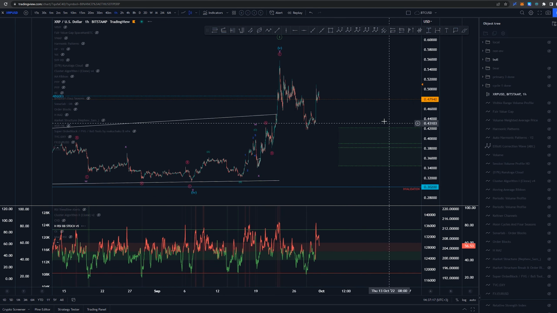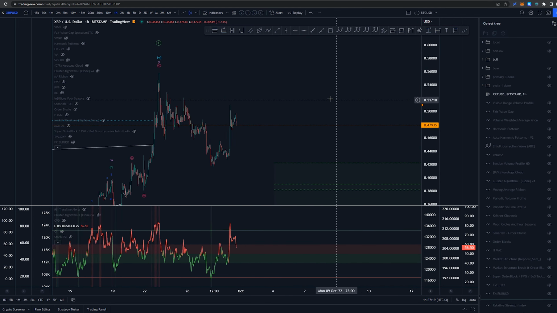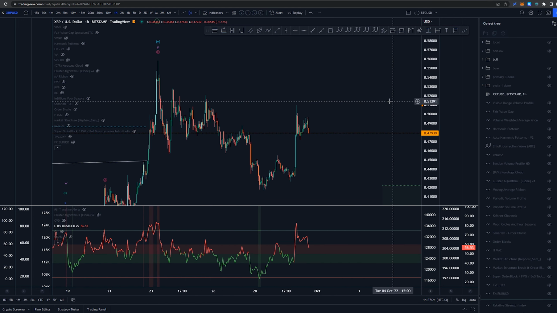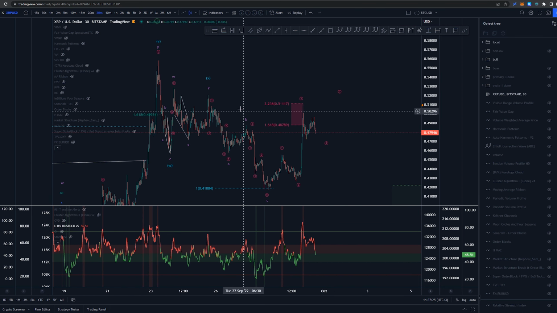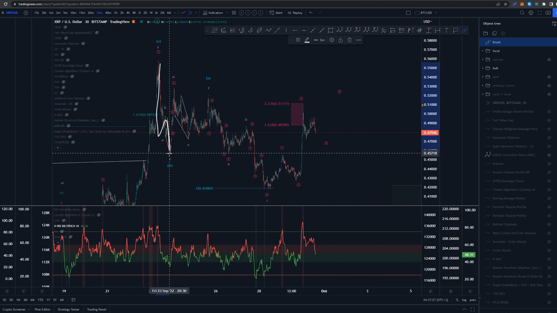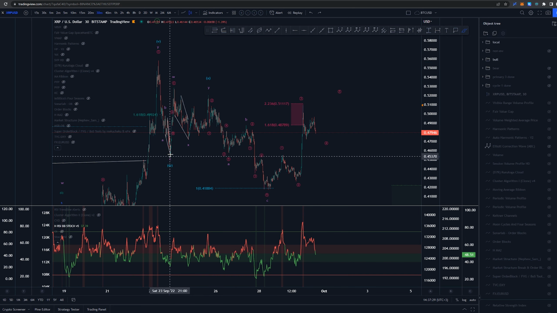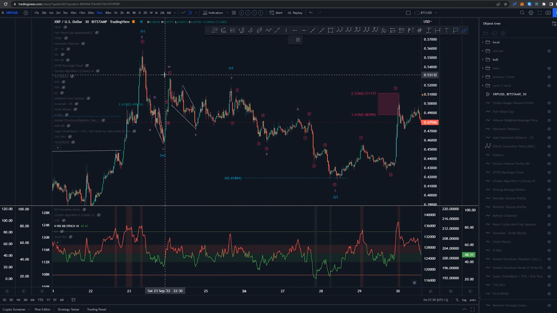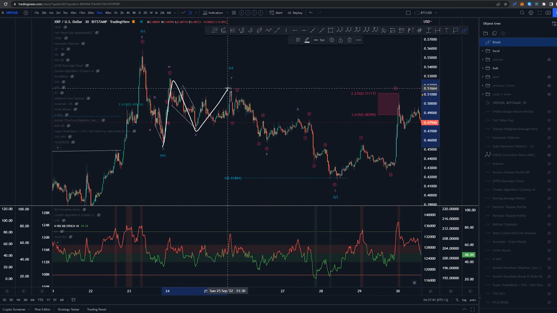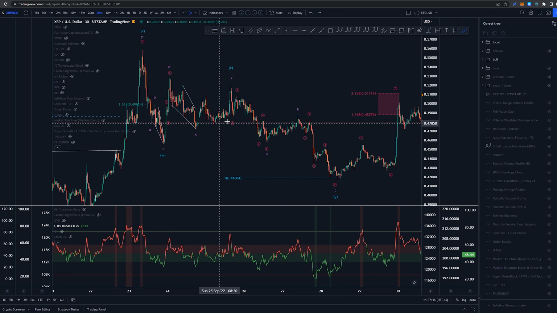If we are zooming in a bit and looking at this very local structure more carefully, let's go to the 30-minute time frame here. I'll label this as a 3-wave structure coming down into W, then ABC going up for X, 3 waves. Well, I had other possibilities here, so don't mind the trend lines. So W, X, and wave Y, we can definitely get some kind of 3-wave structure here for sure.